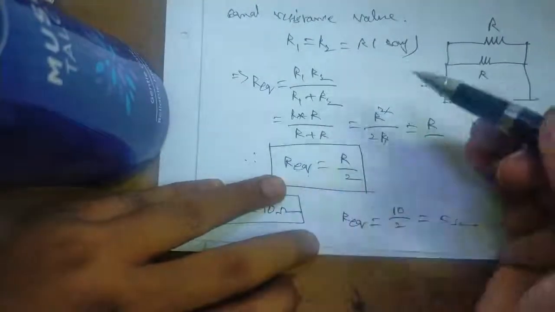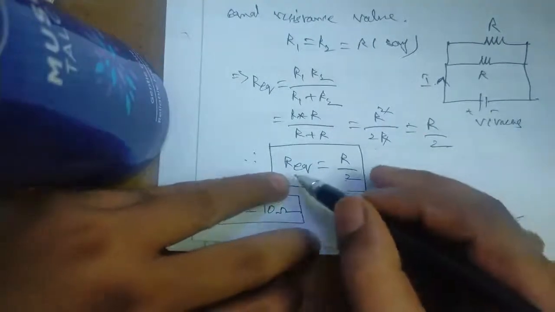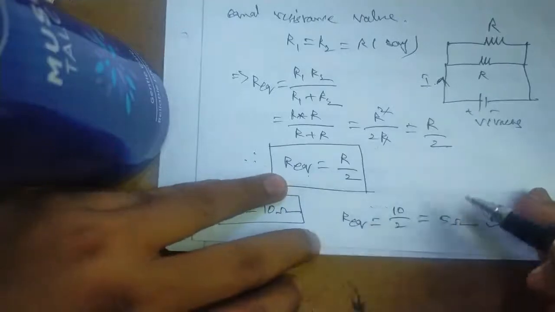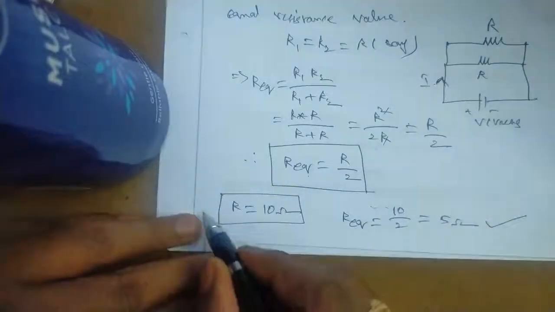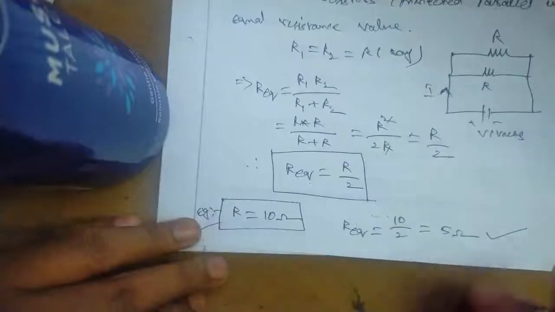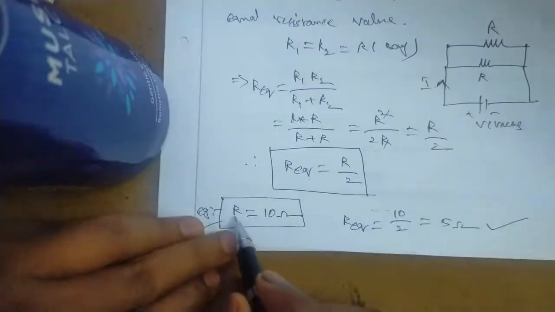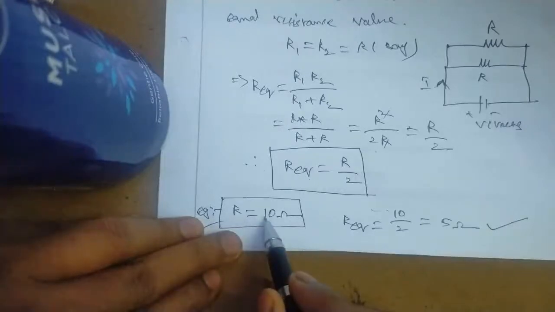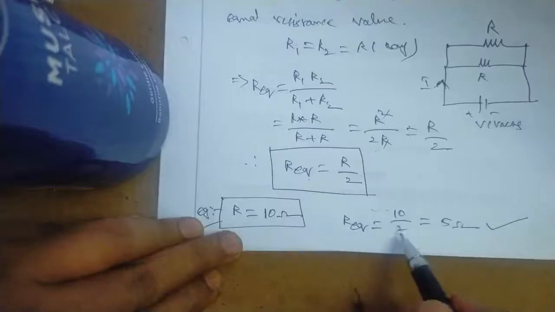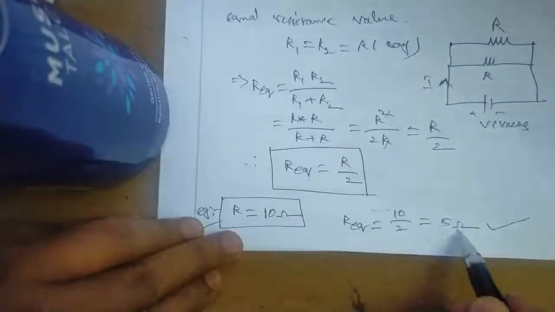Two resistors are connected in parallel with same value, in the sense R equivalent is half of that value. Okay, this is the example. Simply by observing this, resistance of 10 ohms of two values, same value connected in parallel in the sense R equivalent is half of that value, that is 10 ohms, that is 5 ohms.